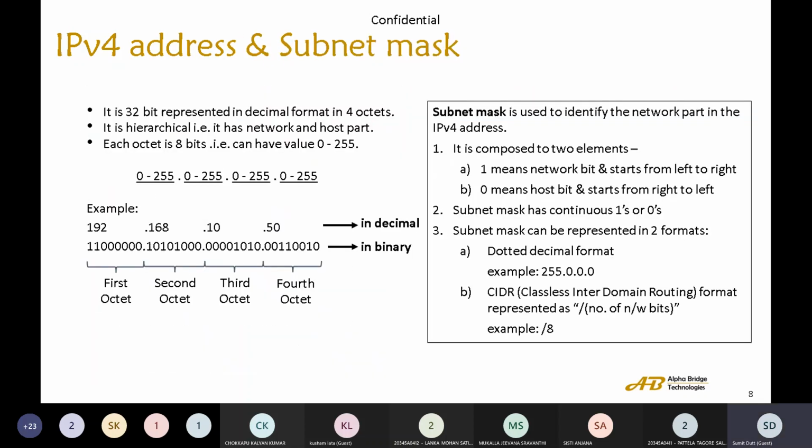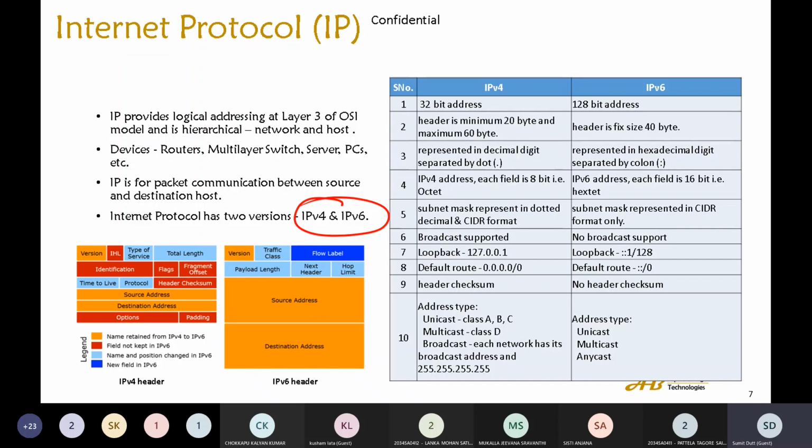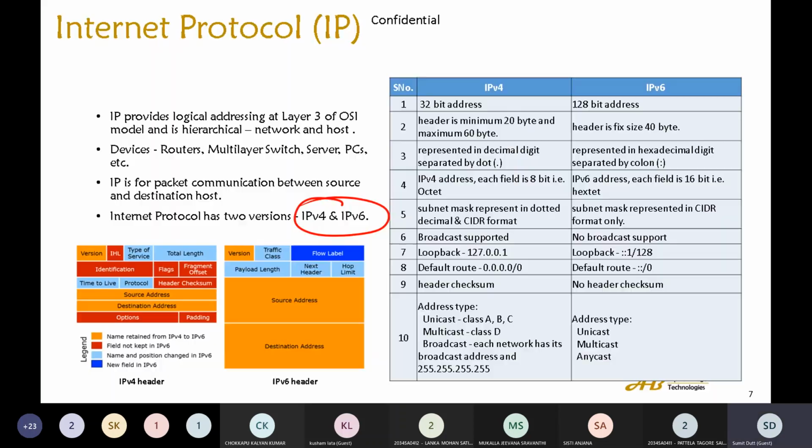So now I'm going to brief you on the various headers of IPv4 and IPv6, and then we will start IPv6. Here we can see in this table, IPv4 is a 32-bit IP address, 8.8.8.8, while IPv6 is a 128-bit IP address. So we will understand the breakup.